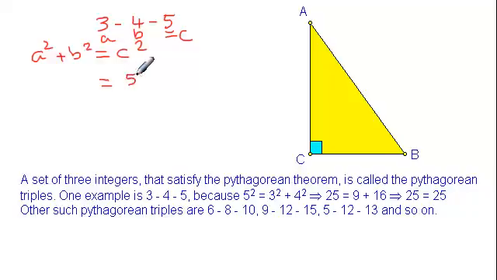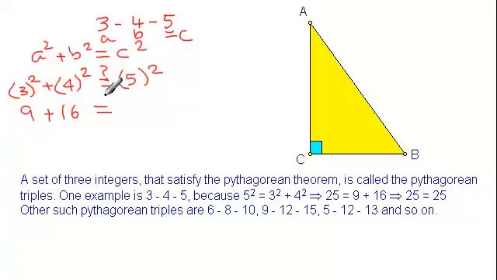So I'm going to say 5 square, is this equal to 3 square plus 4 square? So I'm going to simplify this. This is 9 plus 16. Is this equal to 25?